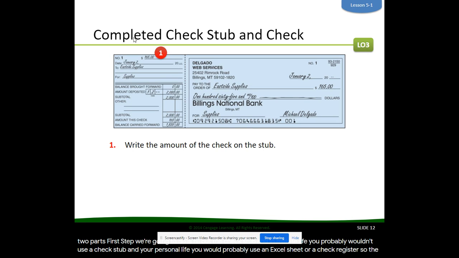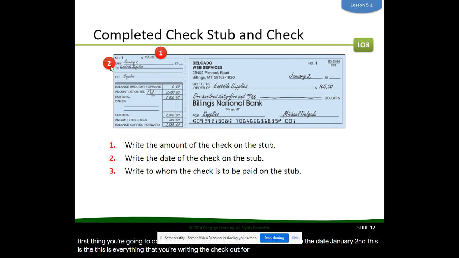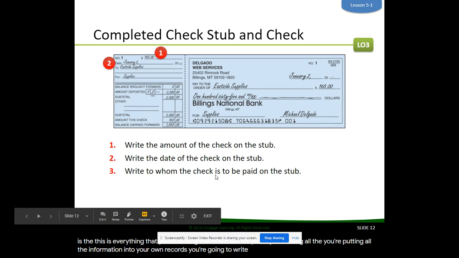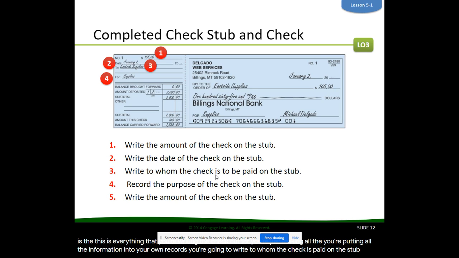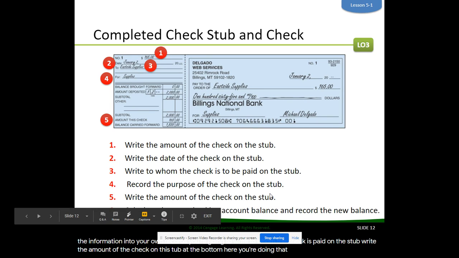So the first thing you're going to do is write the amount of the check on the stub, write the date, January 2nd. This is everything that you're writing the check out for. You're putting all the information into your own records. You're going to write to whom the check is paid on the stub, write the purpose, write the amount of the check on the stub. At the bottom here, you're doing that.